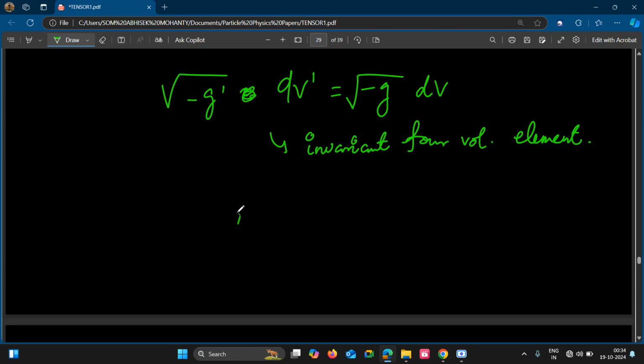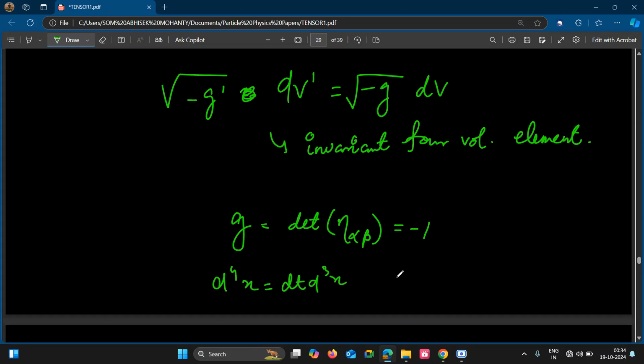Whereas your g is exactly the determinant of η_αβ, which is minus one, isn't it? And the invariant four volume element is simply d⁴x equal to dt d³x, which is actually Lorentz invariant, right? So these are the important things to remember. We'll use all that, right?